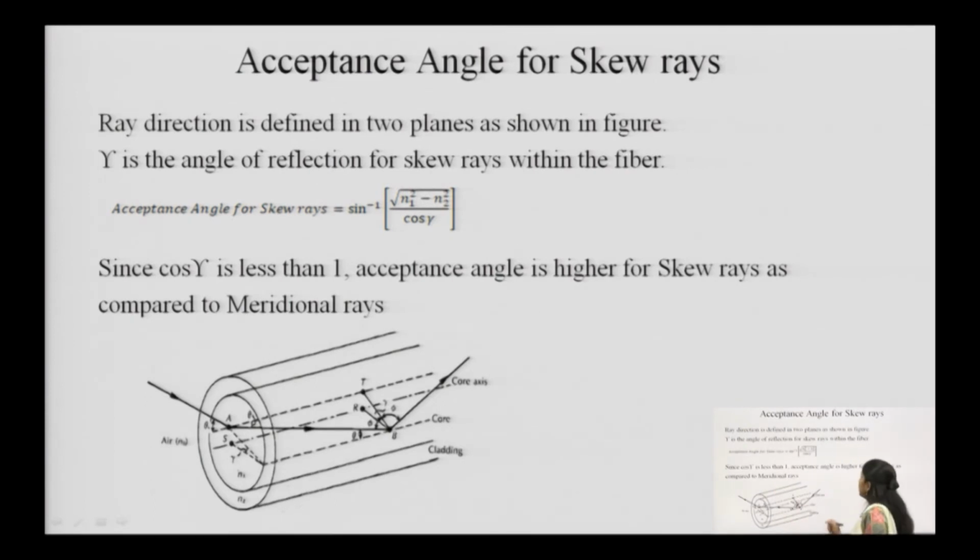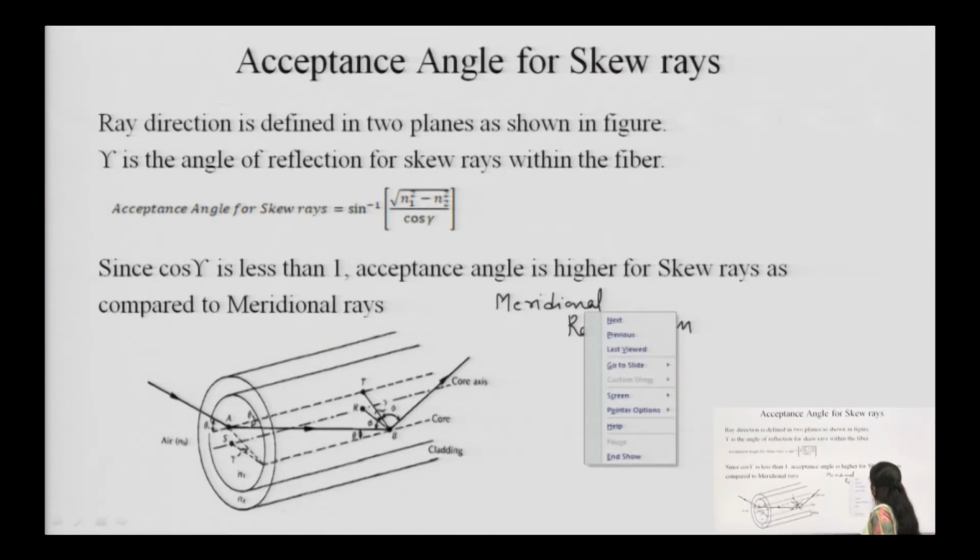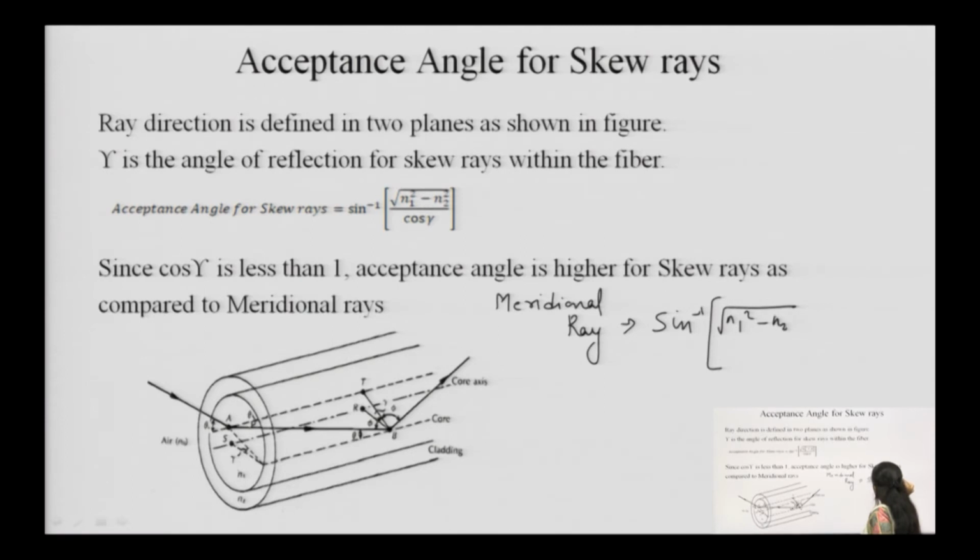Now for meridional rays, our acceptance angle is given by sine inverse under root n1 square minus n2 square, or we can say sine inverse NA.